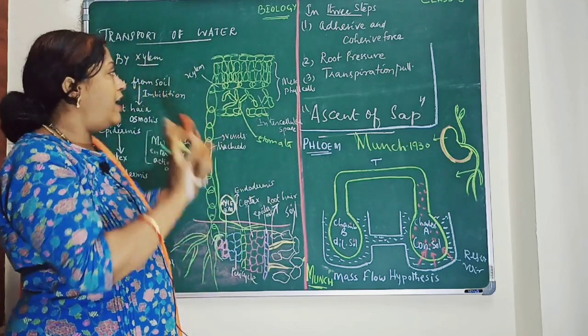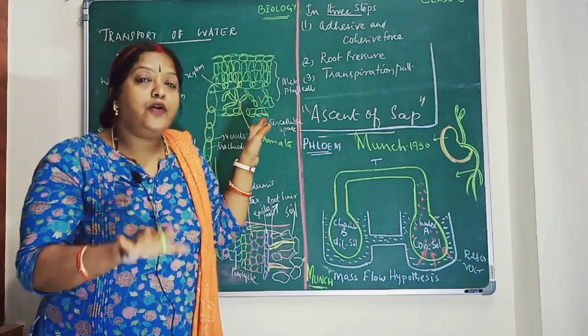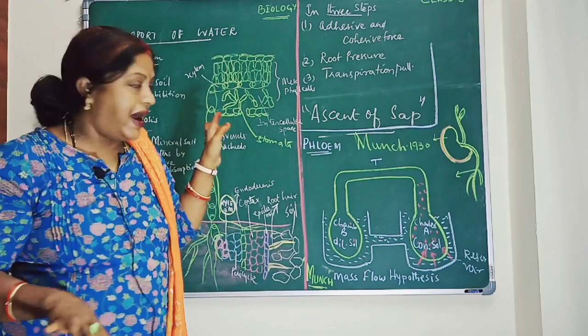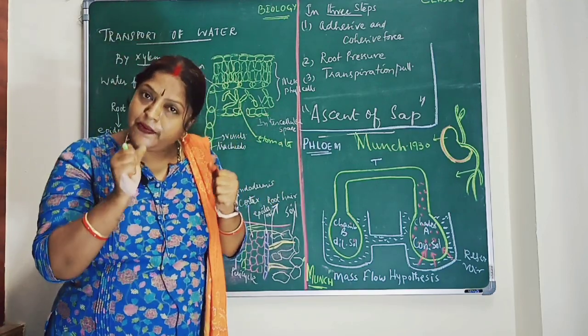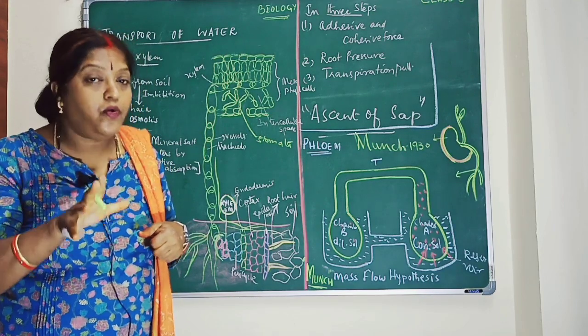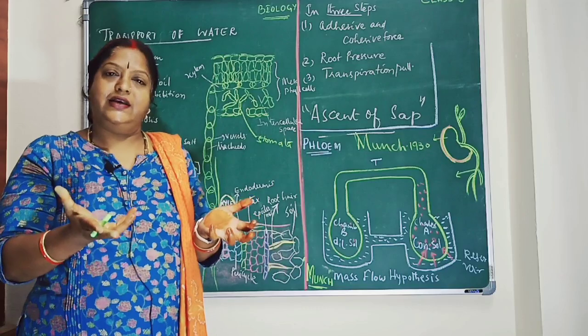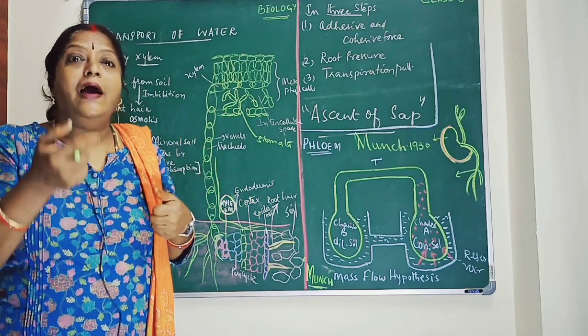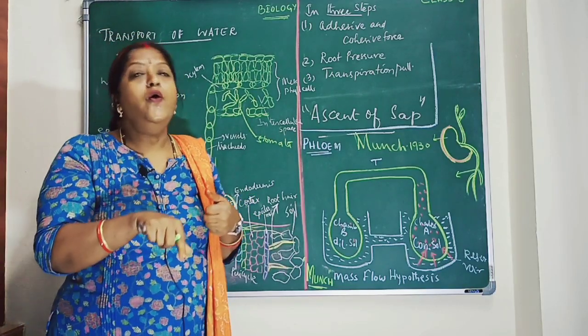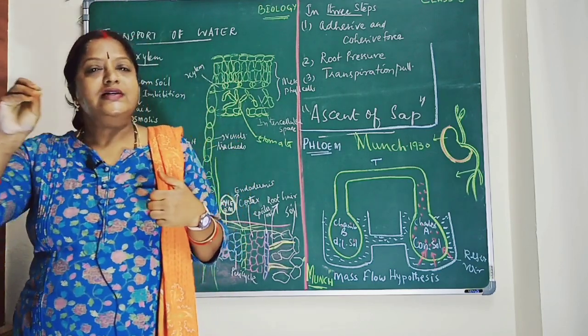Understood, children? The carbohydrates are utilized by the non-green areas of the plant cells, thereby the osmotic pressure increases. The osmotic pressure makes the cells absorb water from the neighboring cells, thereby the turgor pressure increases, and then the turgor pressure makes the food move from the site of synthesis, that is source, to the sink.